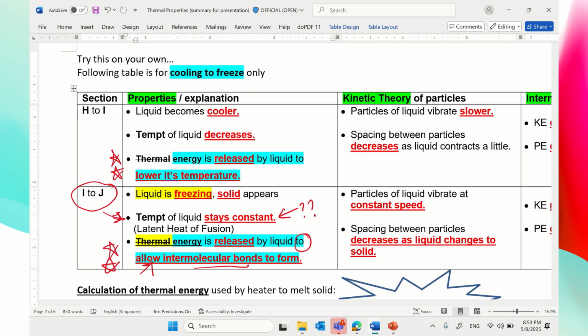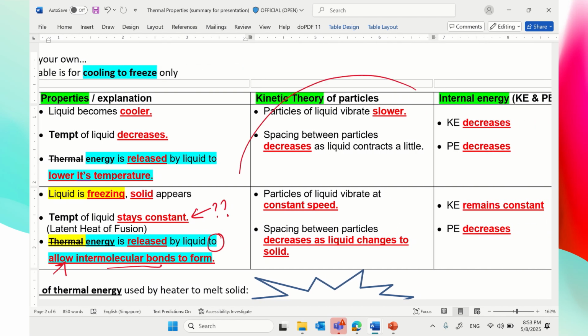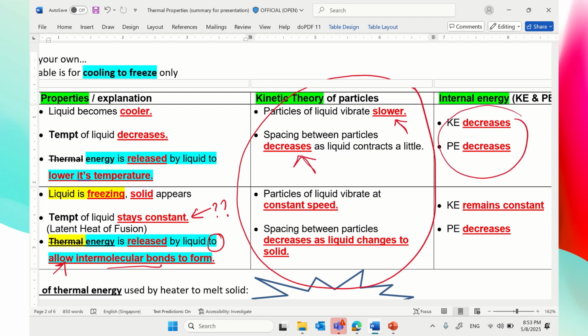Now, again, the middle column talks about the kinetic theory part of it. Molecules vibrate slower. The spacing now comes closer, decreases. Therefore, internal energy decreases.